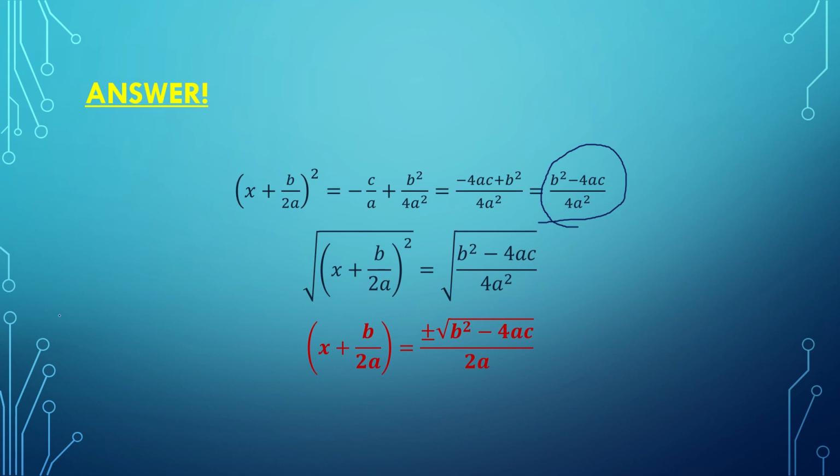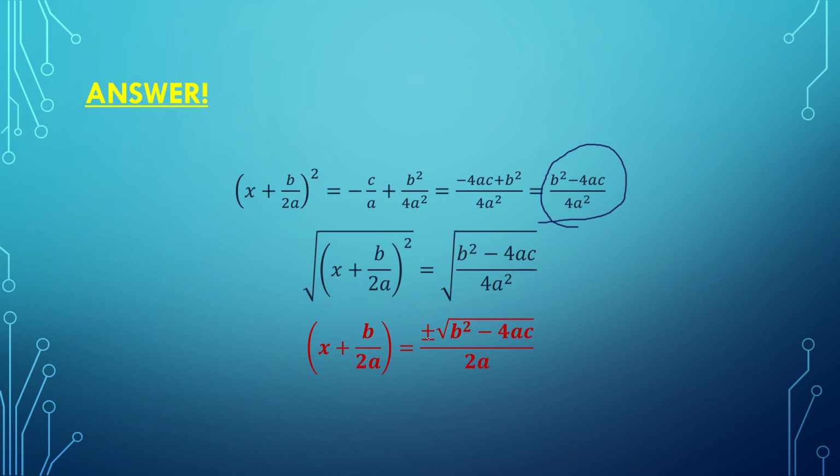Now, why do we have plus or minus? In quadratic formulae, you shall have two roots as your solutions of x. So if that is the rule, the square root of any quadratic formula will give you two answers, either positive or negative. That's the assumption given.